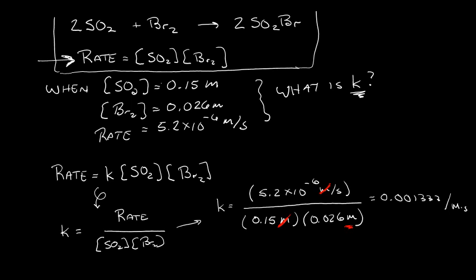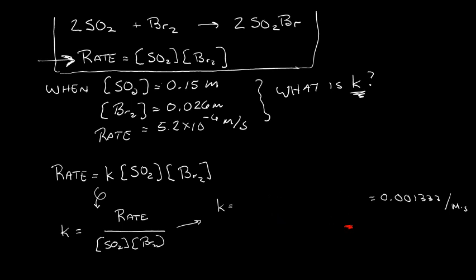I apologize for the small handwriting. I'm going to go ahead and erase this so I can write that a little bit larger. All right, so I got 0.00133 per molarity second.